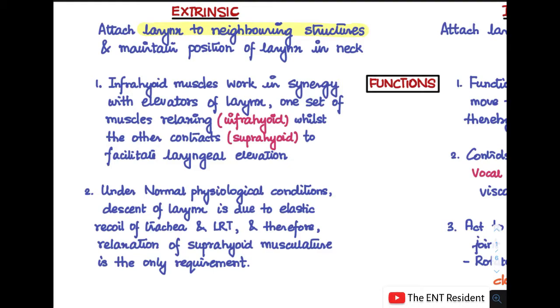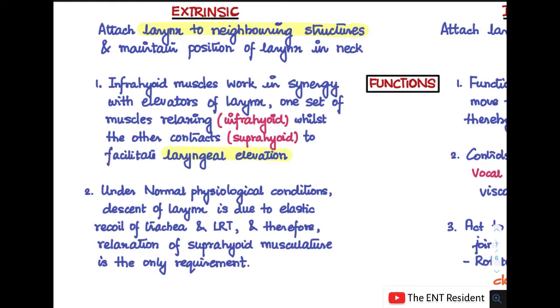Now when you come to the functions of these extrinsic muscles, the first function is that the infrahyoid muscles are working in synergy with the elevators of larynx. Now what happens is the infrahyoid muscles relax, while the suprahyoid muscles contract and thus help in laryngeal elevation.